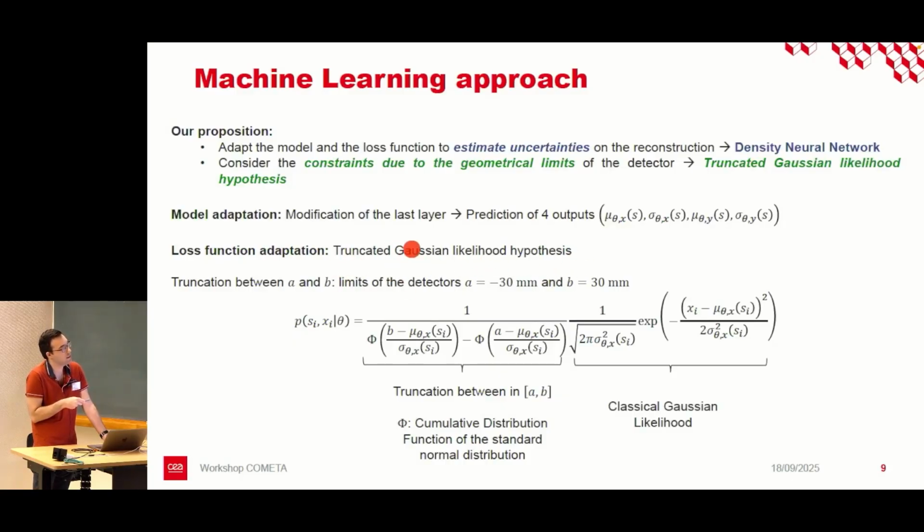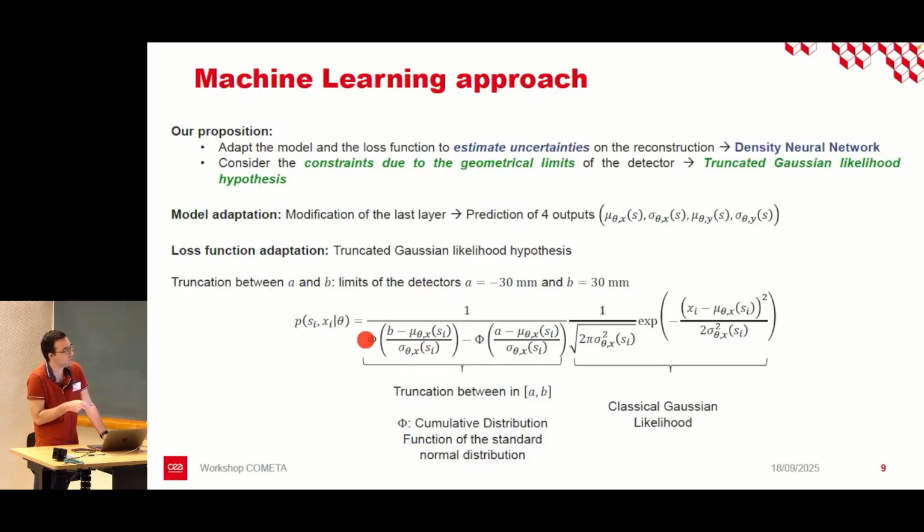So it helps to integrate the sigma here that could represent the uncertainty, and also the truncated part helps to indicate that we expect the events to be between the limits of the detector, so here it's minus 30 millimeters and 30 millimeters, and we know that we do not expect interaction outside these boundaries.